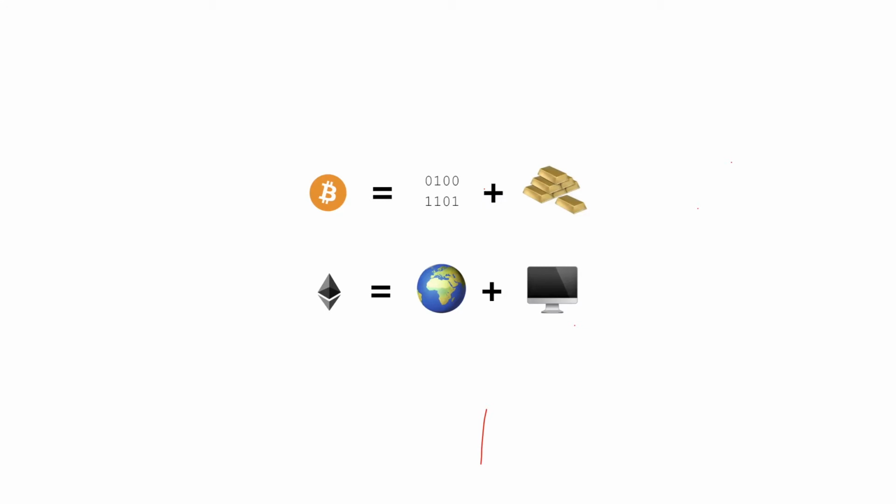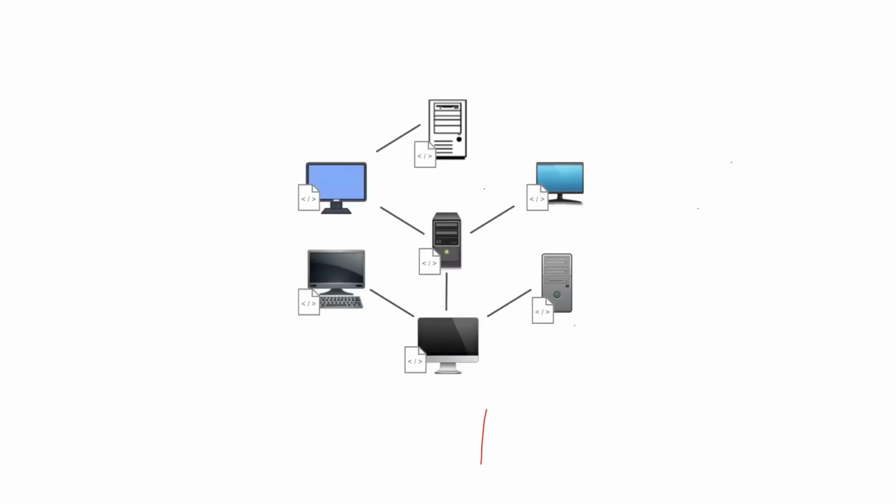And with the meme of Ethereum or other smart contract platforms, where you have smart contracts, it's a digital computer. So if Bitcoin is digital gold, then Ethereum is a digital computer, meaning that it's a computer that is distributed around the world. And what this means, we will look into.